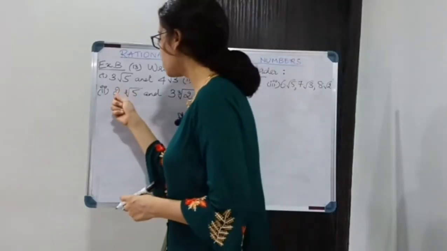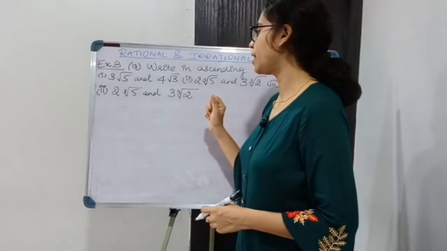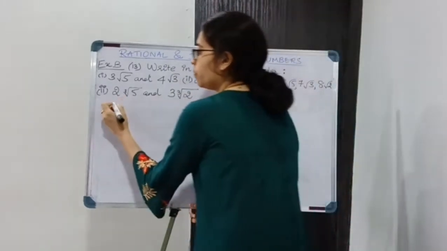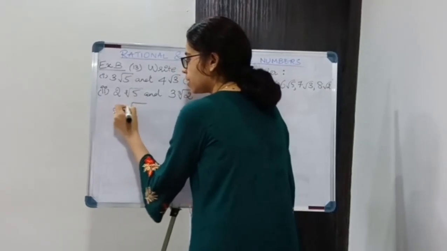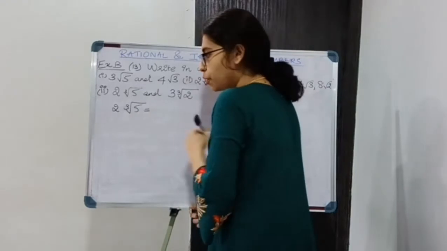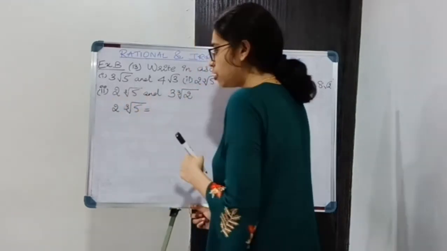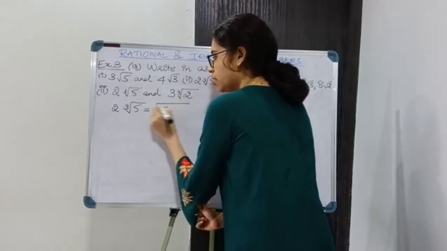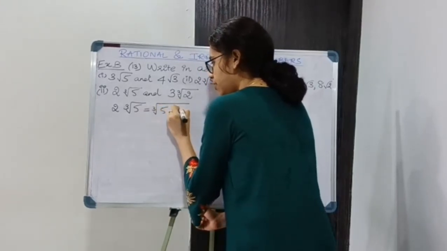Now the next two numbers are 2 cube root of 5 and 3 cube root of 2. Now we'll write down the number first, that is 2 cube root of 5. First step is going to be shifting the number inside the root. So I'll shift the number inside the root.